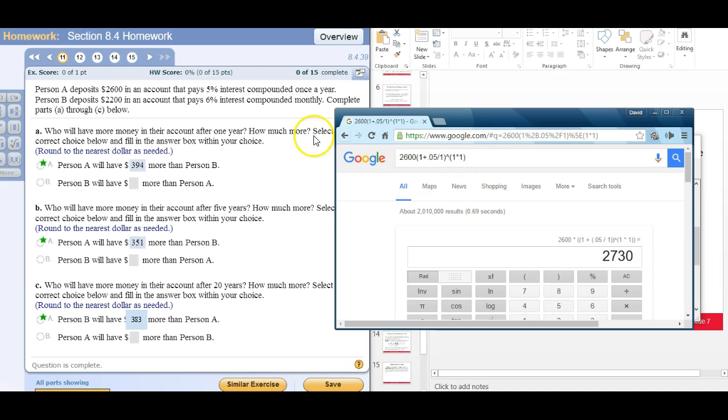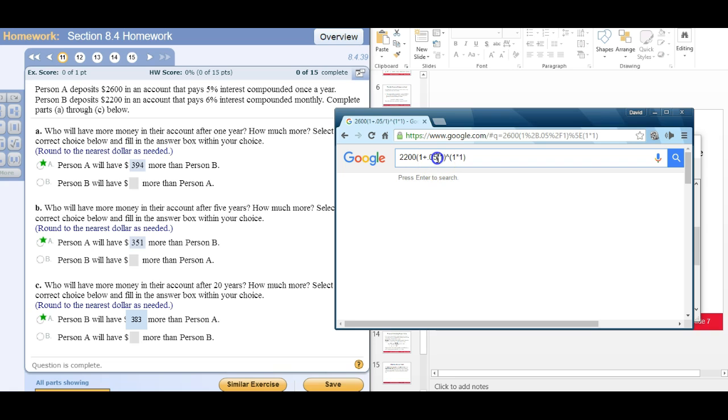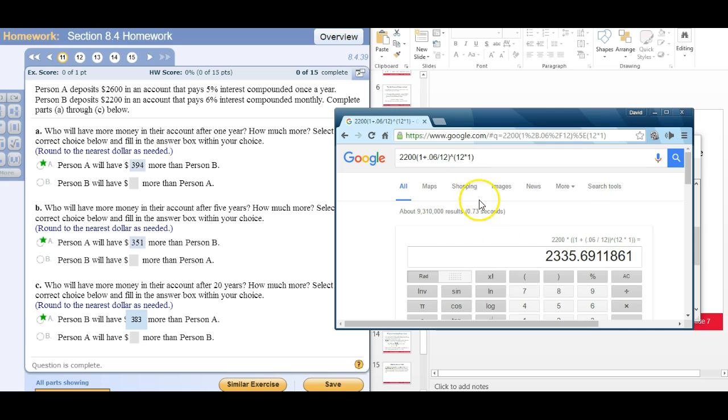Alright, and then how much will person B have? They're proposing 2,200. And it pays 6%, so it pays a higher percentage, and it's compounded monthly. So there's how much person 2 will have, right? And then how much more will person 1 have than 2?